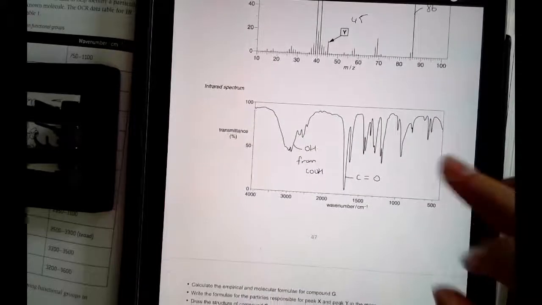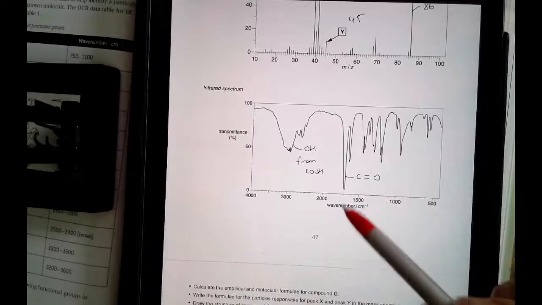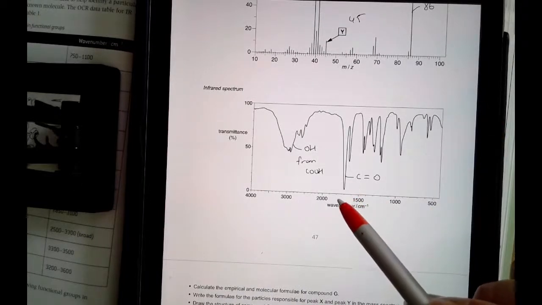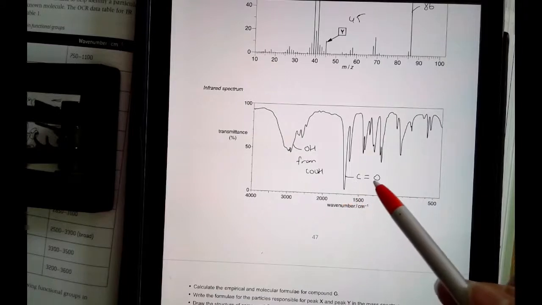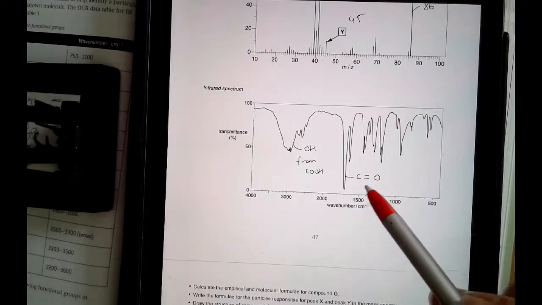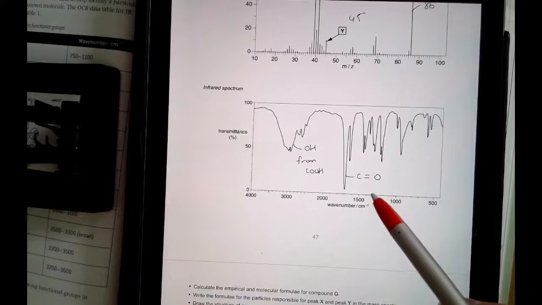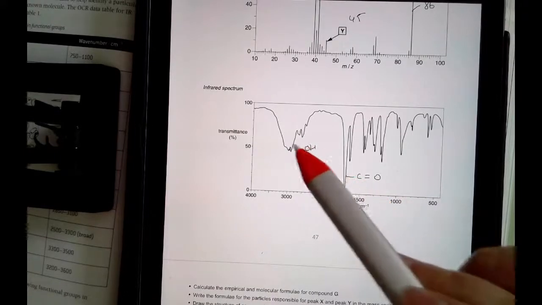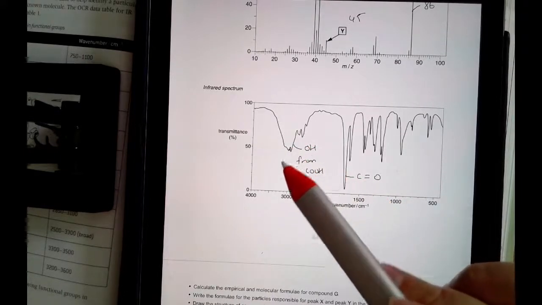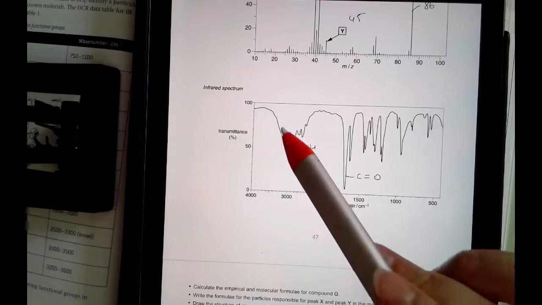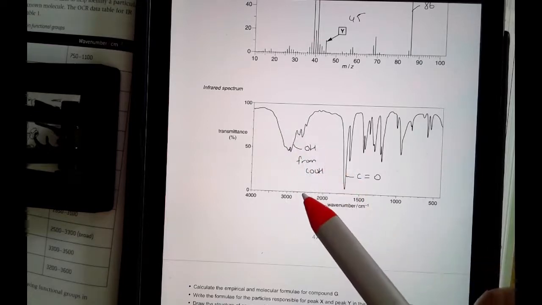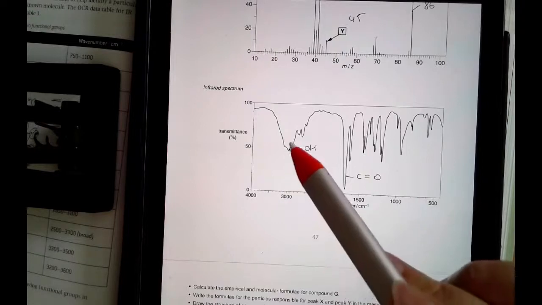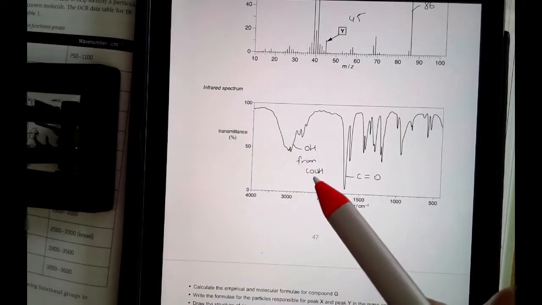I then came down and had a look at my infrared spectrum, and again I'm seeing that peak there at around 1700. That's going to be my C double bond O, but again that could be part of an aldehyde or a ketone or a carboxylic acid, okay? And then if I go up a little bit further, I know this peak isn't dipping down quite as much, but you do have a broad peak between 2500 and 3000, so that's going to be your OH from your carboxylic acid.